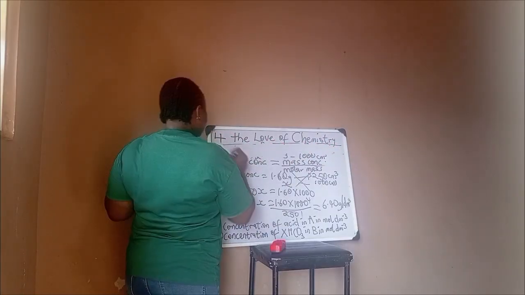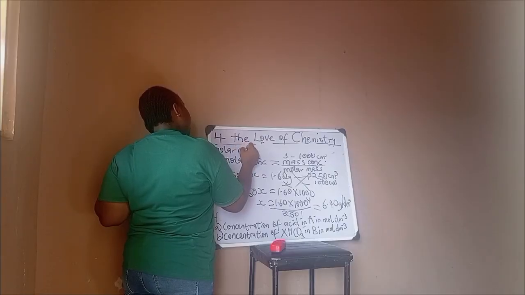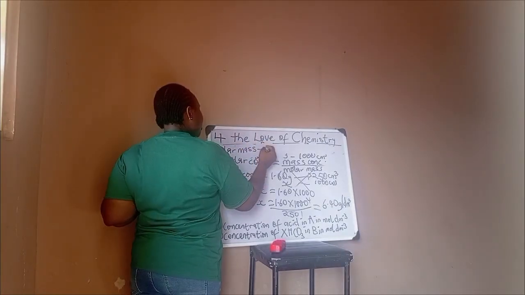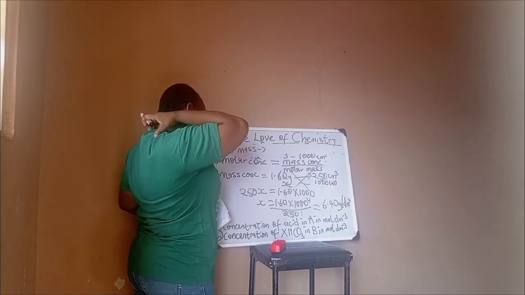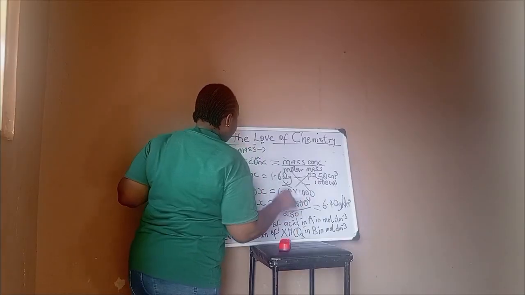To get our molar mass, remember everything that you are supposed to solve has its own mark, so you don't solve it in your head. You have to solve it here.